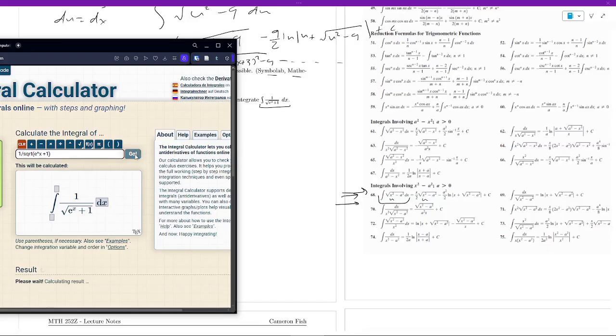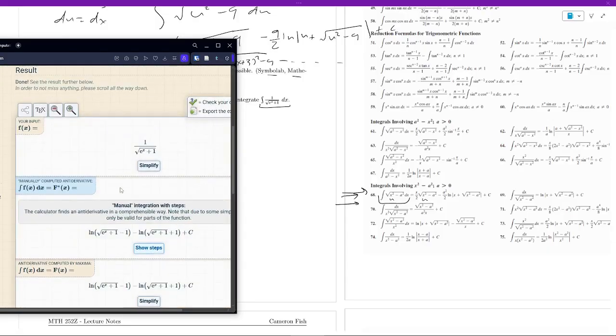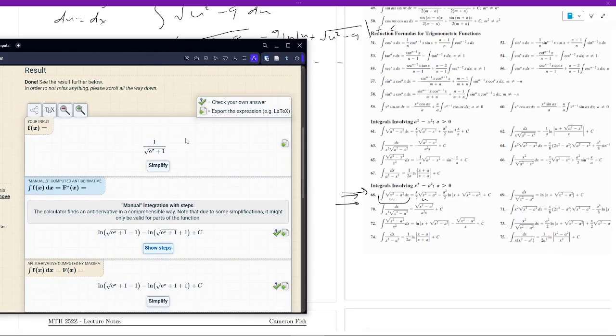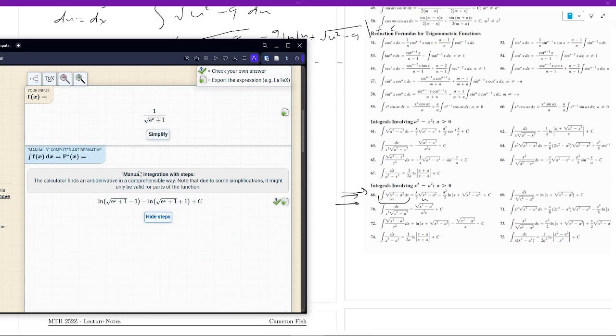Okay, so let's just see what happens. Sometimes it takes a minute. Okay, so here's our input, and they found this output. There it is. Who knows how they did it, right? This website does show you some steps, so let's take a look.